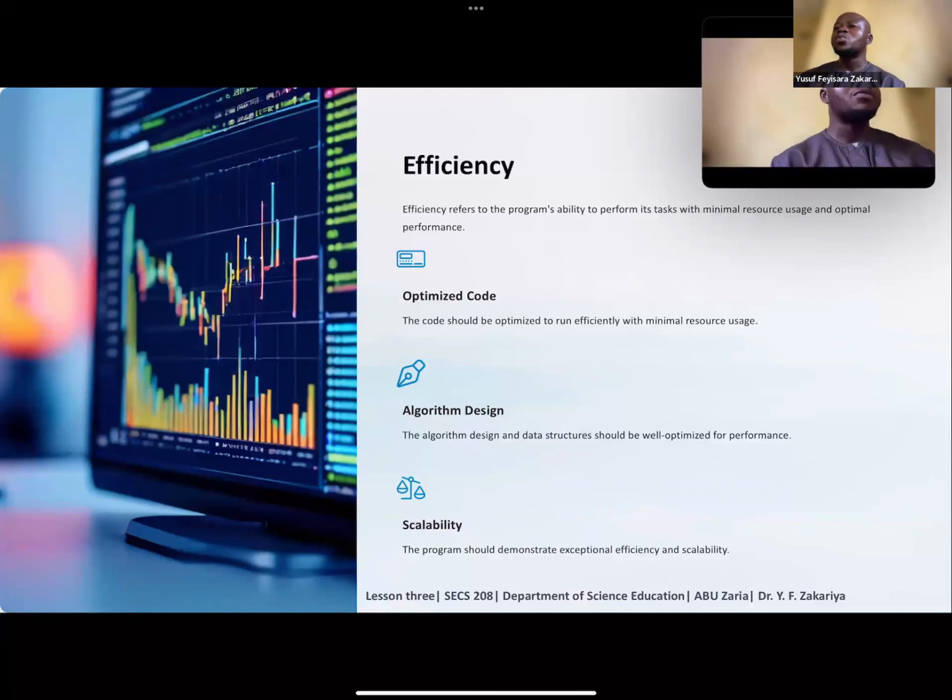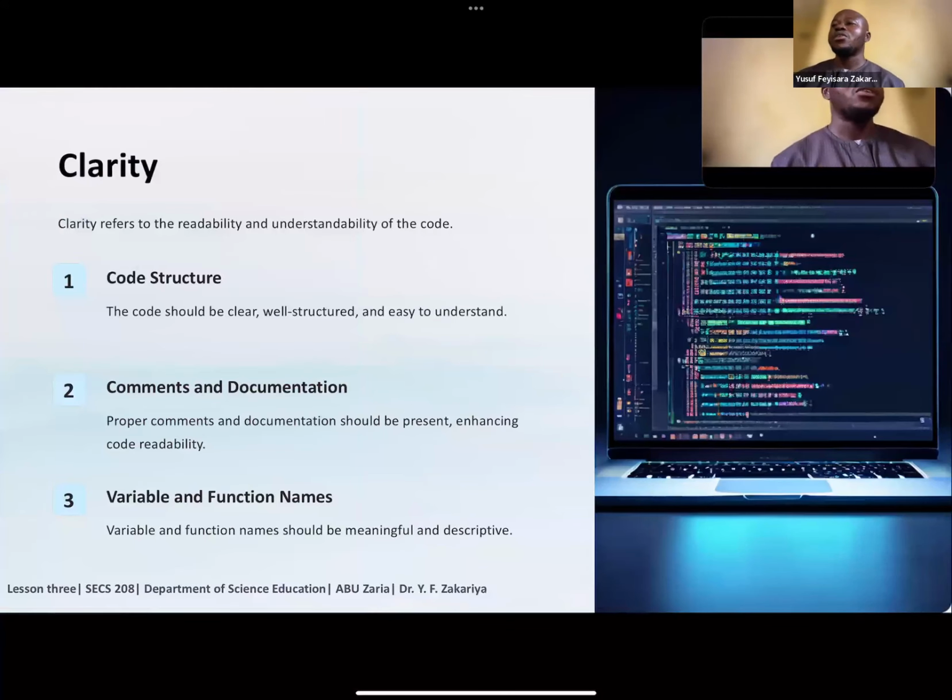Can you scale from 2 people to 10 people? Can you scale from 10 people to 100 and so on? Scalability. When you write a code, you need to think about this. Can it solve more complex problems? How many data sets can it process? So you need to look at the scalability. What am I going to do for it to be able to deal with large data sets? Take note. Then clarity. What are the considerations you need to give under clarity?